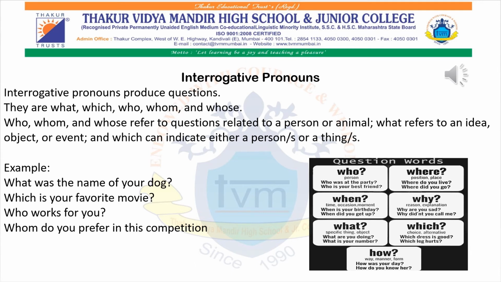I repeat: what, when, where, why, how, who, which, whom, whose. These are the very common interrogative pronouns, and it is very easy to identify them because the sentence always has a question mark and it always asks a question.